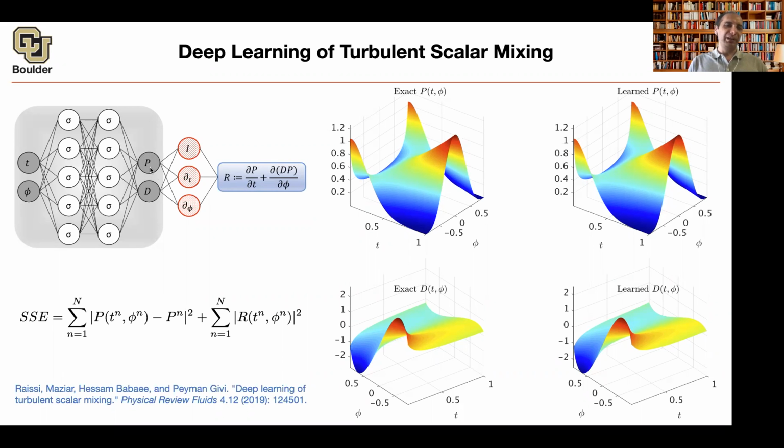You have data on P, you don't have any data on D, but you have an equation for it. And this is the equation that they are actually solving in that paper to compute D. For us, it's going to be an optimization problem. Once the optimizer has done its job, you're going to end up with your learned D, which is matching your exact D.